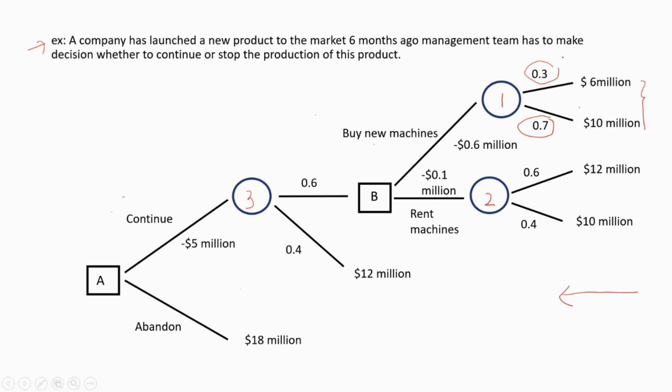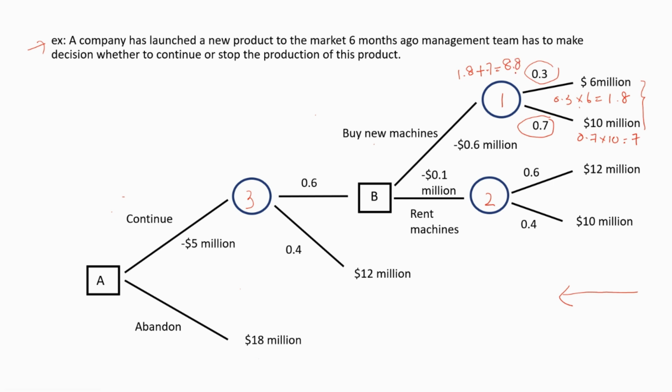Let's calculate the expected values. 0.3 multiplied by 6, 1.8. 0.7 multiplied by 10, 7. So the expected value for outcome point 1 is 1.8 plus 7, 8.8.